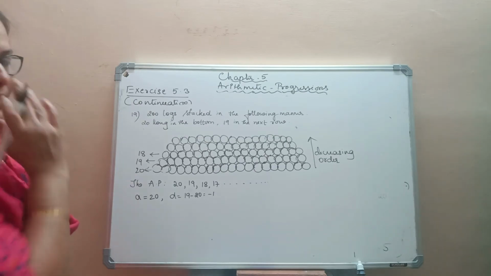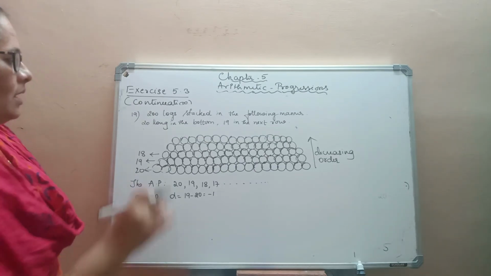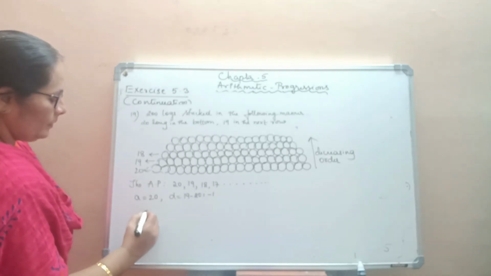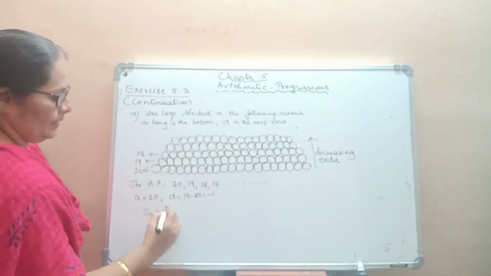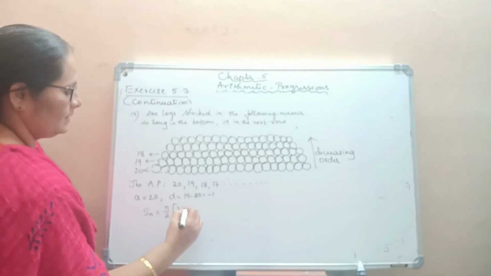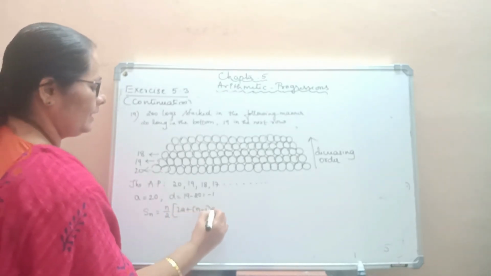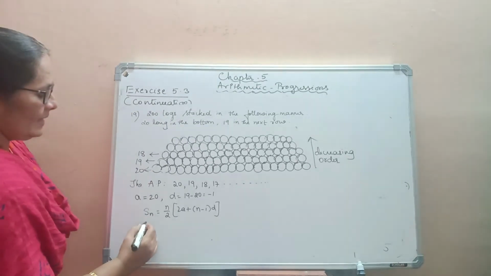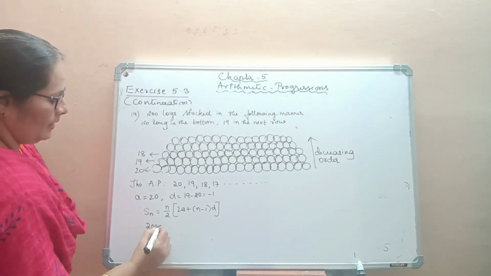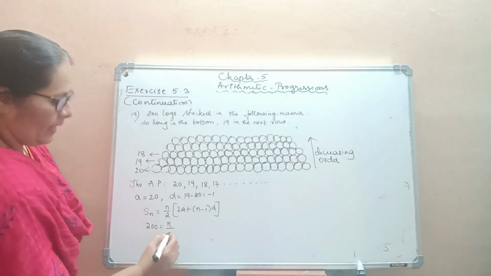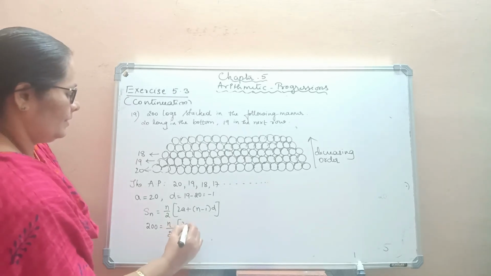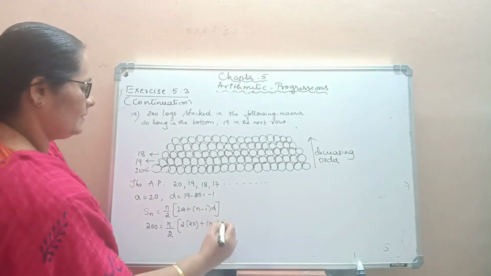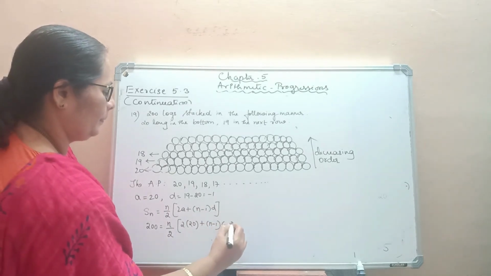First we calculate how many rows there are. Sn equals n by 2 into 2a plus n minus 1 into d. The total number of logs is 200, so Sn is 200. Then 200 equals n by 2 into 2 into 20 plus n minus 1 into minus 1.